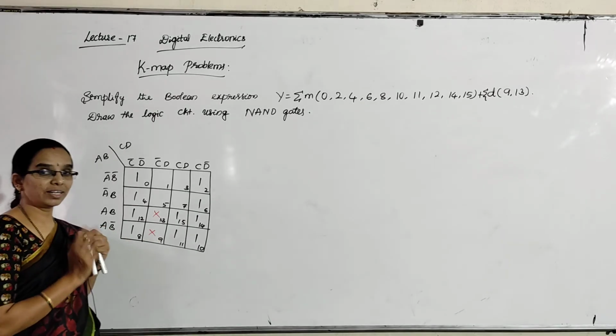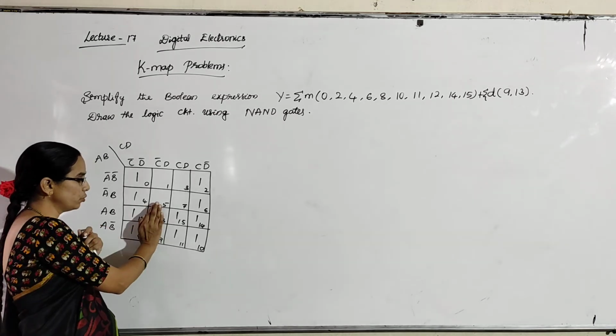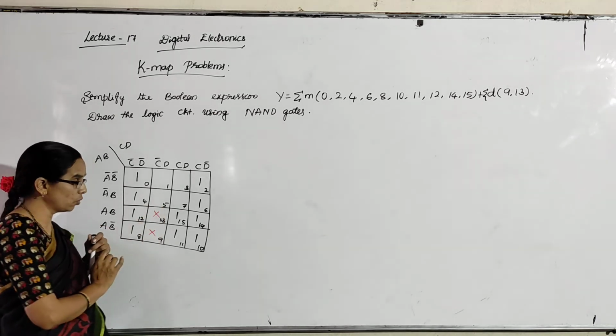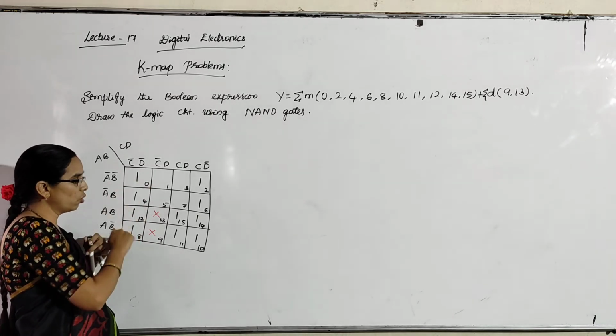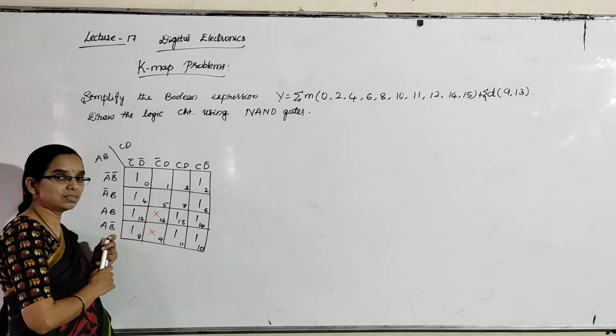From this we can group two octets. If these don't care conditions were considered as 0, then we could make one octet and one quad. It is convenient for us to consider them as 1.